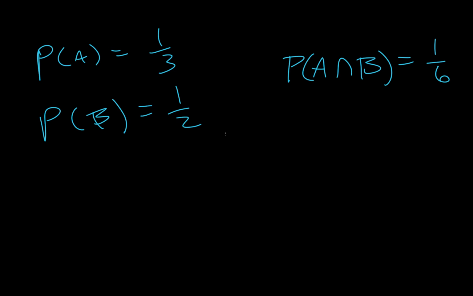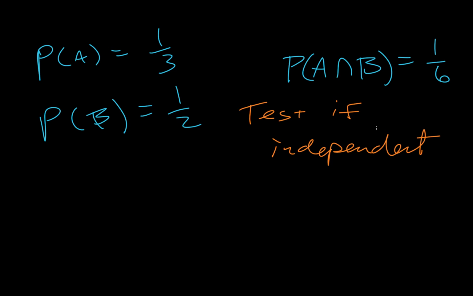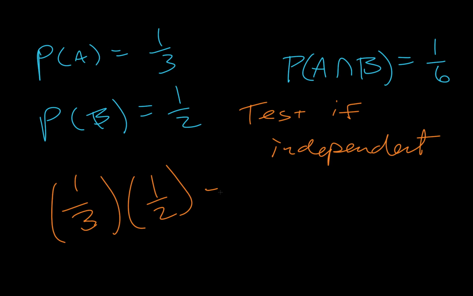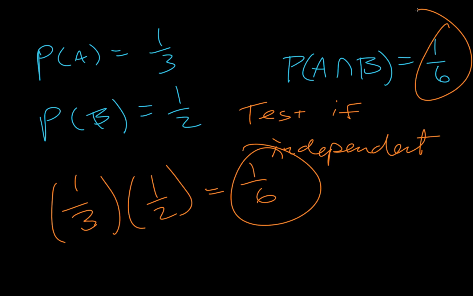So we want to test if these are independent. What we're going to do is multiply the individual probabilities together, and that equals 1/6. So 1 times 1 is 1, 3 times 2 is 6. And since this equals that, then we say that these are independent.